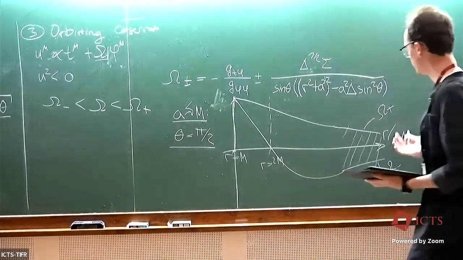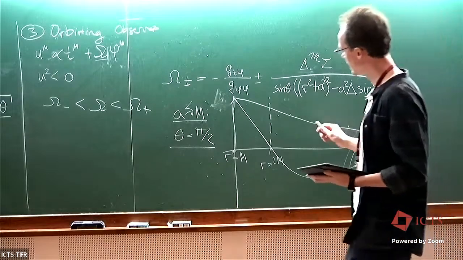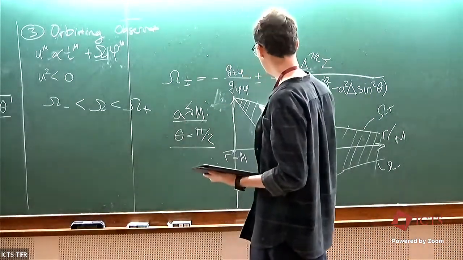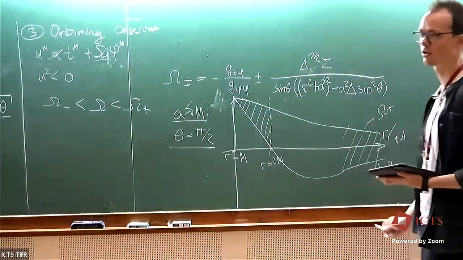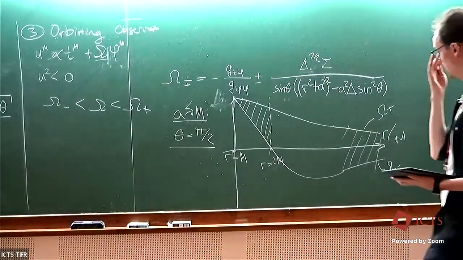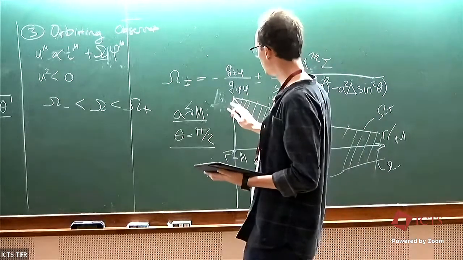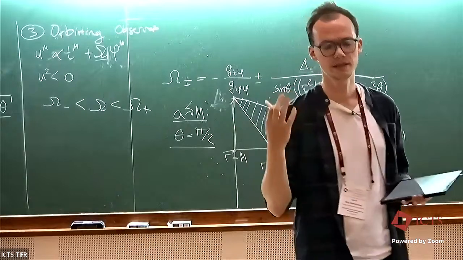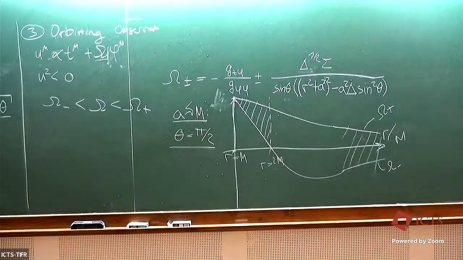So what have we learned? We have learned that inside the ergoregion we can have timelike observers that exist, but there's some condition on how they can orbit the black hole. More interestingly, the condition on the angular velocity converges on the horizon.